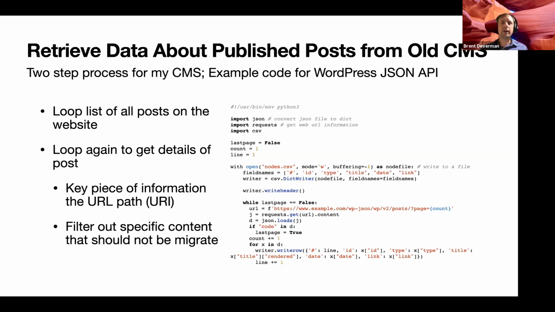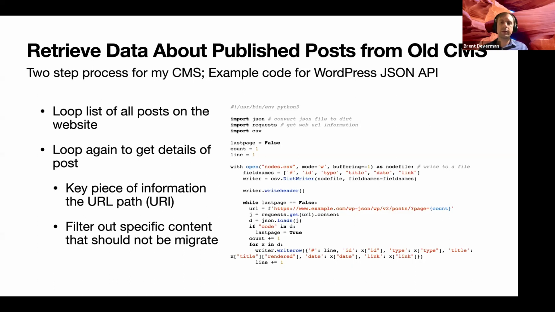In my CMS, I had to loop through to get a list of all the posts, and then loop again to get the actual details of the post, like URL, path, and so on. At that time, I was also filtering out some posts that didn't need to be migrated and stuff that I knew the data type didn't exist on WordPress. So this was a first filter.